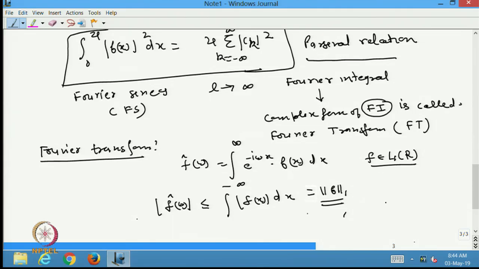Now, let me give you physical interpretations of why we study Fourier transform. Sometimes we want to analyze functions for mathematicians, signals for engineers, in a domain with respect to the frequency. Because Fourier transform is decomposing the function into various waves.